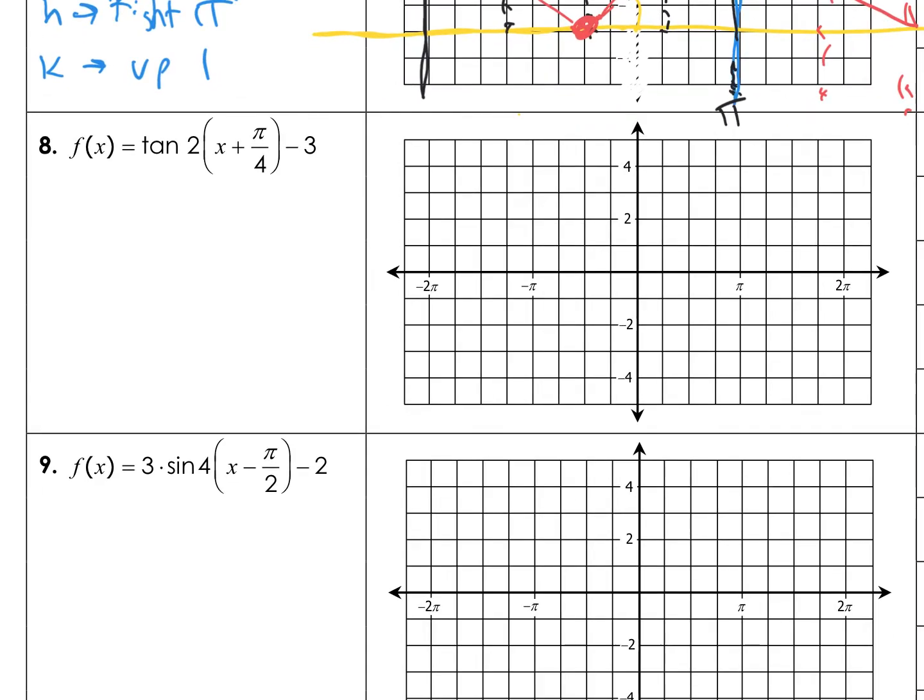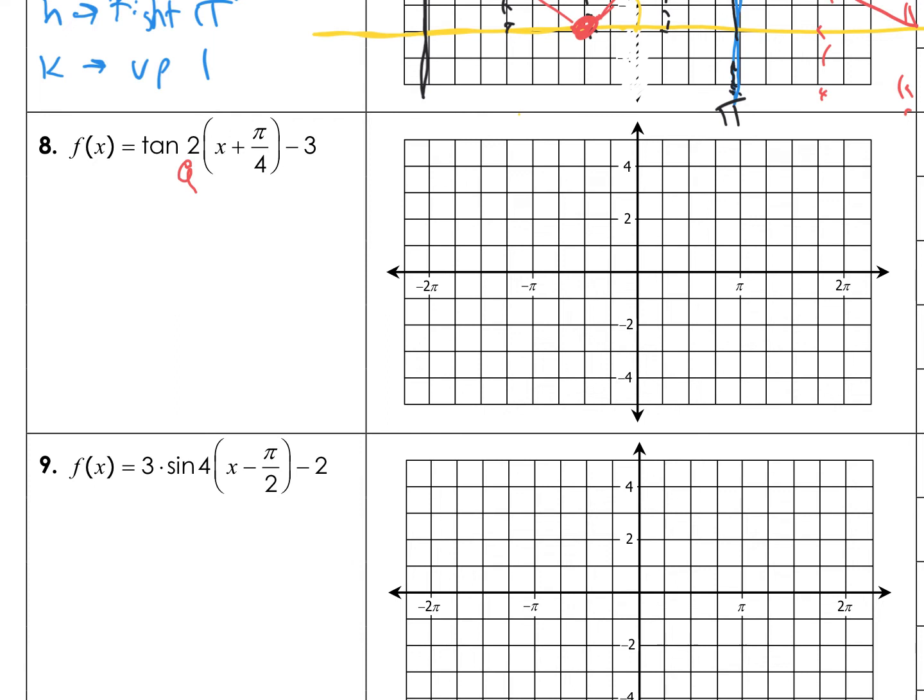Another tangent. Now, this tangent has an amplitude of 2, or it says 2. But remember, there's no amplitude, there's no highest value. All that means it's going to be stretched vertically.